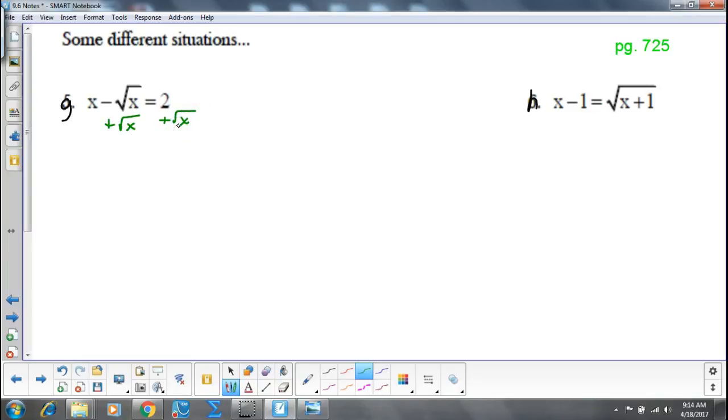At the same time, I am going to subtract 2 from both sides, so that I get x minus 2 equals the square root of x.